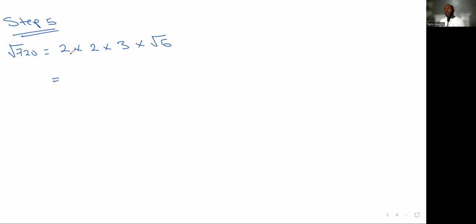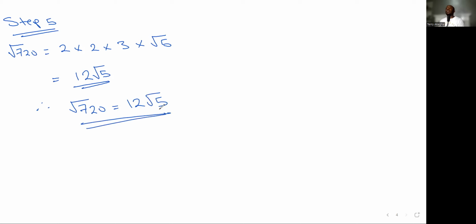And this will give you 2 times 2 is 4, 4 times 3 is 12. So the answer is going to be what? 12 root 5. So therefore, we can now say square root of 720 is equal to 12 root 5. And that's how you solve it. Is that okay?